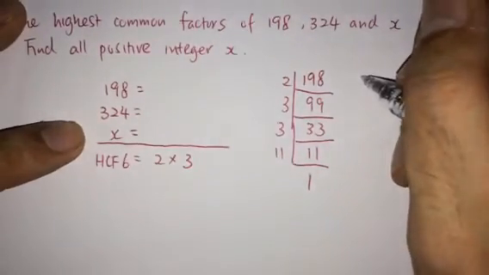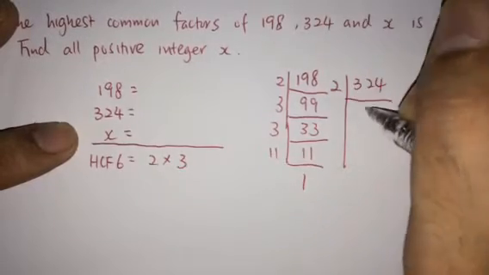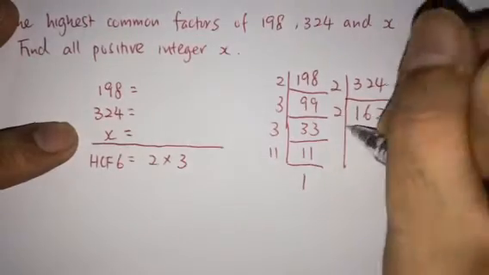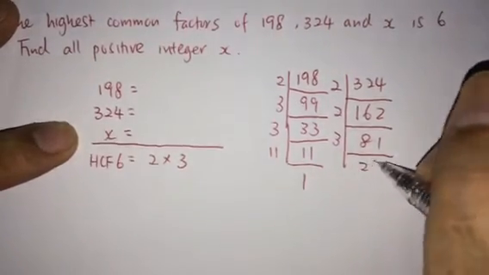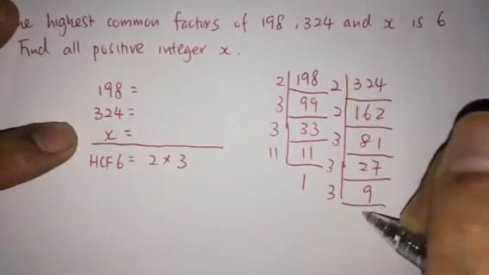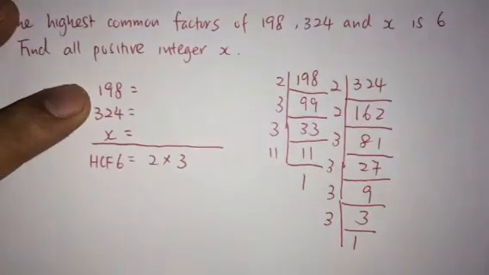Prime factorizing 324 will be 324 divided by 2, 162, divided by 2, 81, divided by 3, 27 divided by 3, 9 divided by 3, 3 divided by 3, 1. So the prime factorization of 198 will be 2 times 3 squared times 11.